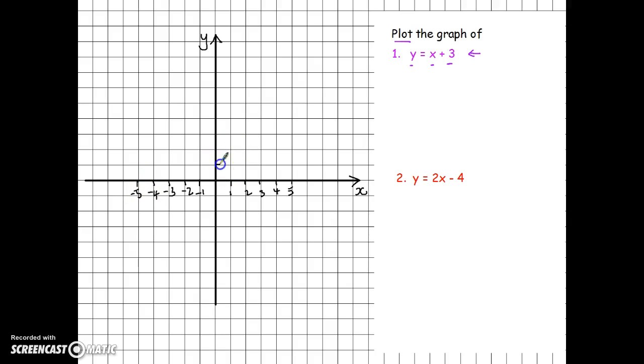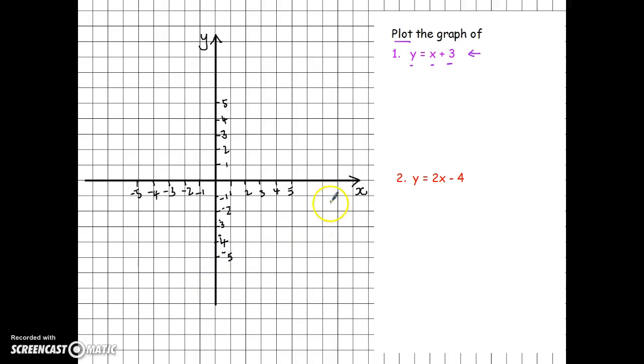Our y values are positive up this way. And negative down this way. Don't forget to put the negatives on.